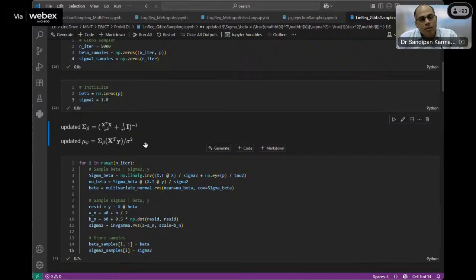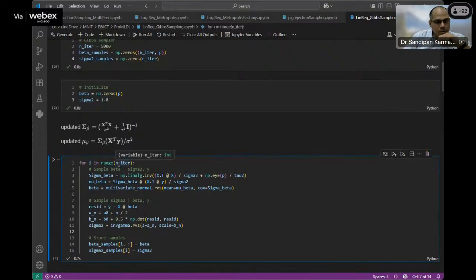The prior I had taken for beta was normal with mu beta comma sigma beta square. That's why we had x transpose y divided by sigma square plus mu beta divided by tau square, if you remember. Now let's see how it is getting implemented.